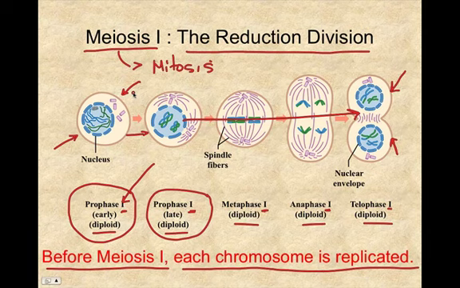But the gametes can't have this many chromosomes. There are too many for the gametes. So we have to divide one more time. But I'm going to go through each of the phases of meiosis 1 just to remind you, in case you forgot from mitosis, what's going on in each of the phases.